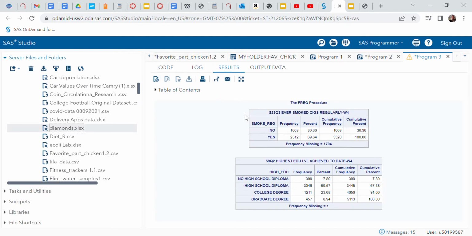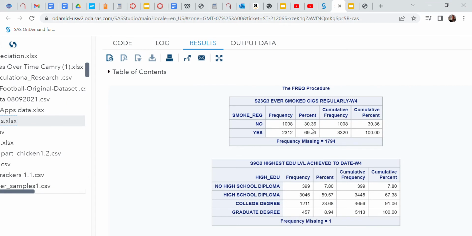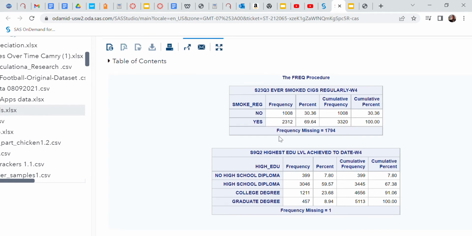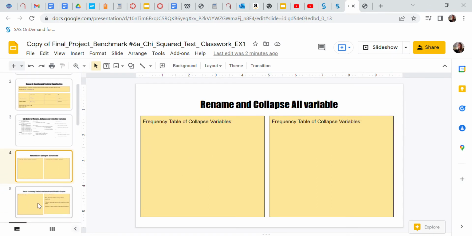Cool, and you have two really nice frequency tables. We see most people are saying, yes, I do smoke regularly, and then about 30% say they don't. Most people have high school, college, and graduate. Cool. And you're going to paste those right in here to make it look really nice.